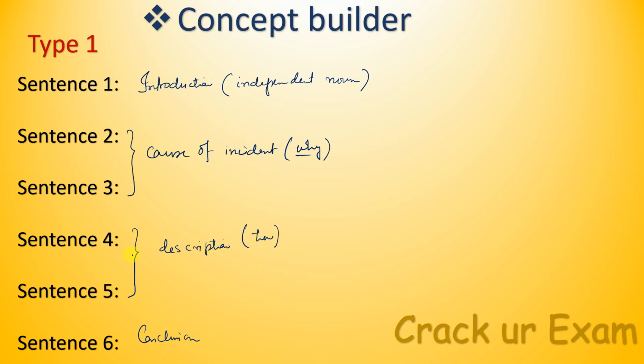So after sentences 2 and 3, you need to identify those sentences which state the description and the result. Result means whatever happened, such as the estimate of profit or loss. And in the final sentence you need a conclusion, meaning what we have gained and learned from that passage.